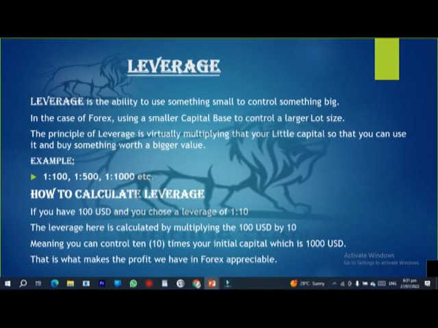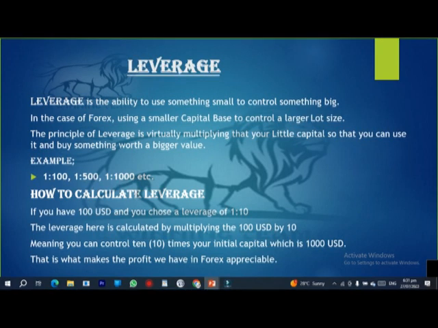Okay, so how to calculate leverage? If you have 100 USD and you choose a leverage of 1:10, the leverage here is calculated by multiplying the 100 USD by 10. Please, am I making sense? Meaning you can control 10 times your initial capital, which is 1,000 USD.